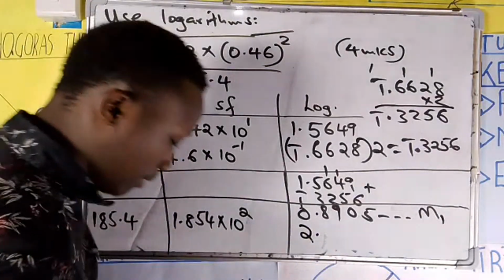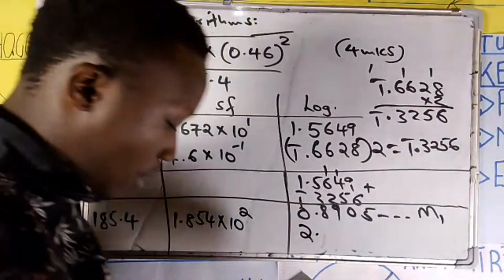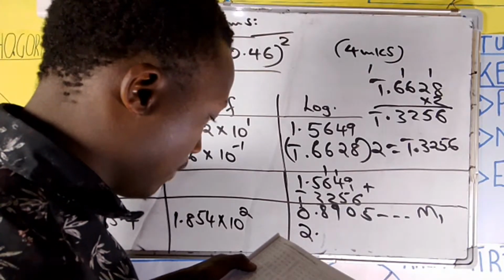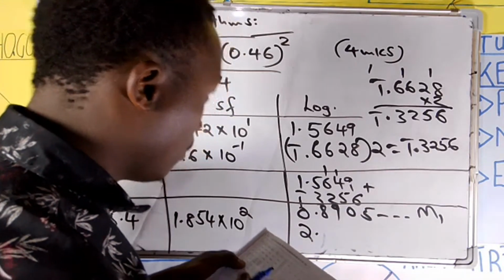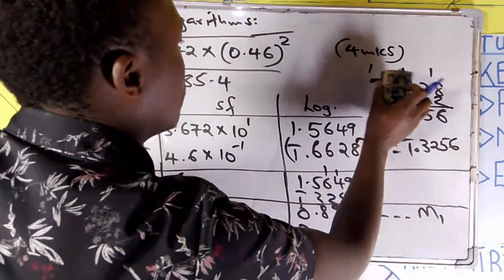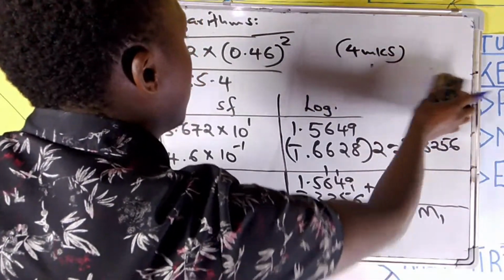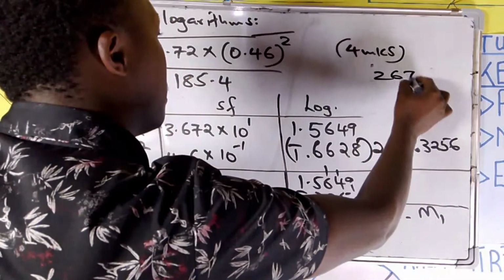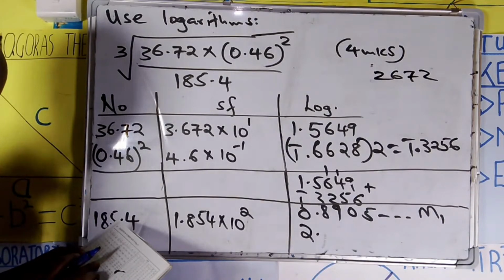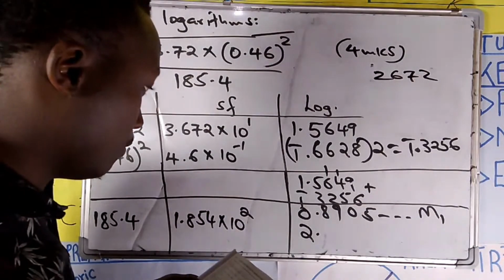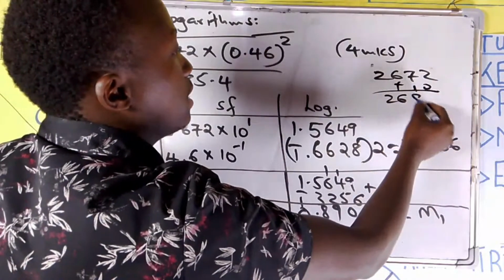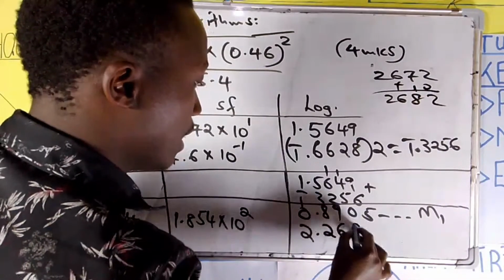So it will be 2. Let us go to 1.85. 1.85 will be 2672. Then to add the 4 at the end, we add 10. Obviously, it will be 2682. So we come there, 2682.